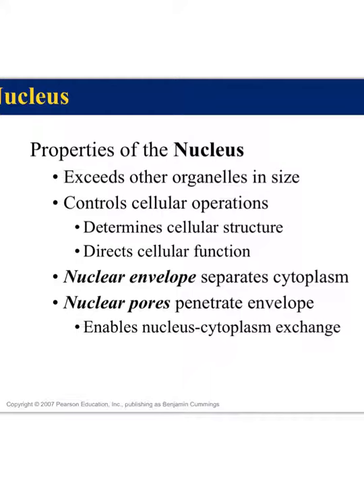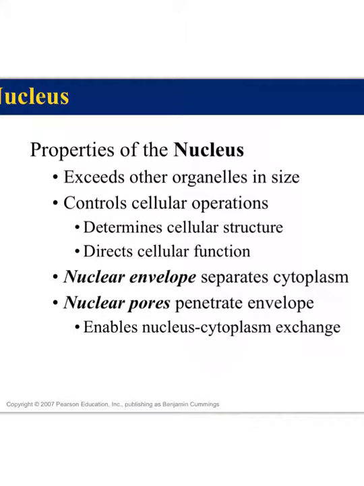The final, and sometimes arguably the most important of the membrane-bound organelles, is the nucleus. The nucleus is the largest of the organelles in terms of size, and its job is to be the control center to control cellular operations. The nucleus is what determines the structure of the cell and directs all the things that the cell does.